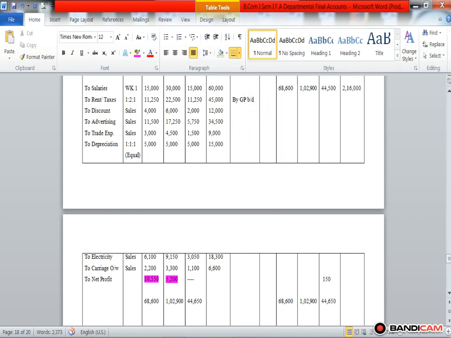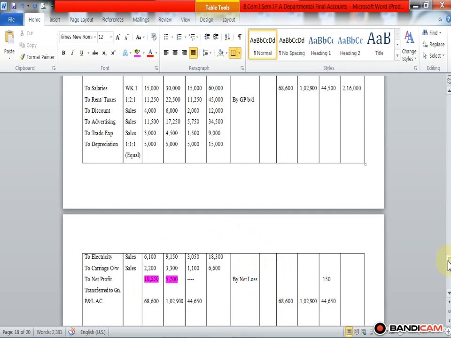So here we find out the net profit and net loss of each department. That net profit and net loss is transferred to general P and L account. Same as it is, loss is transferred to general P and L account.